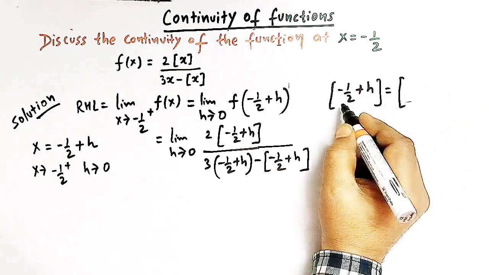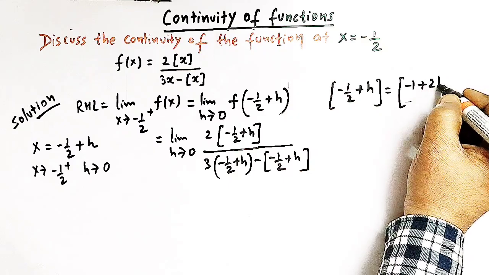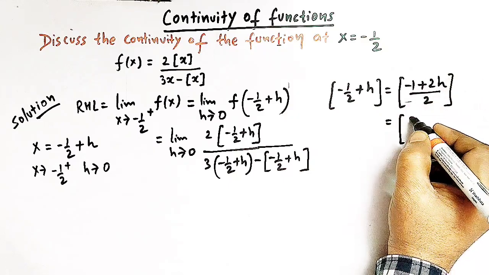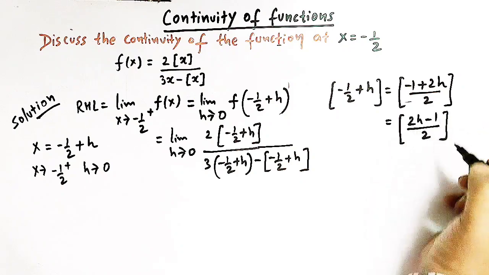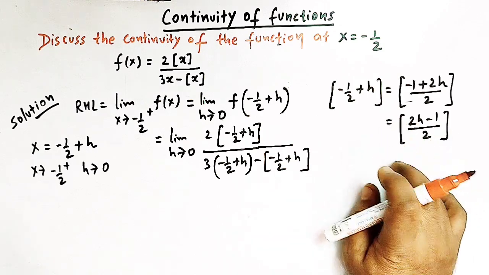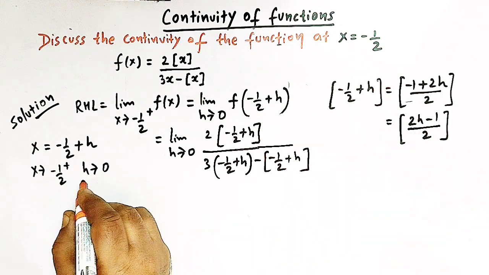We can write this expression as minus 1 plus 2h over 2, or the greatest integer of 2h minus 1 over 2. Let us find its value.